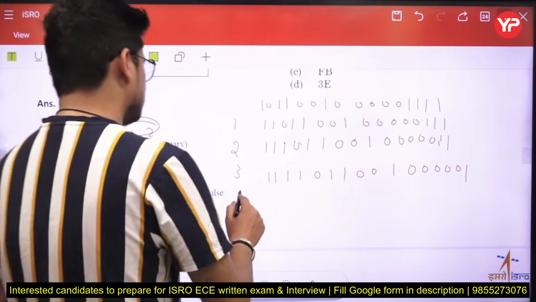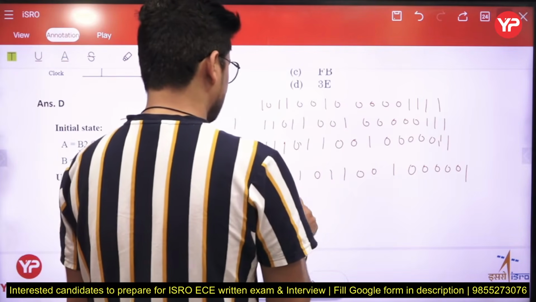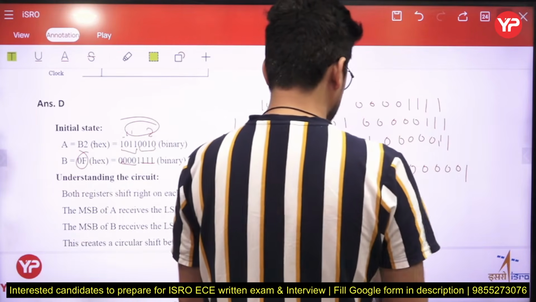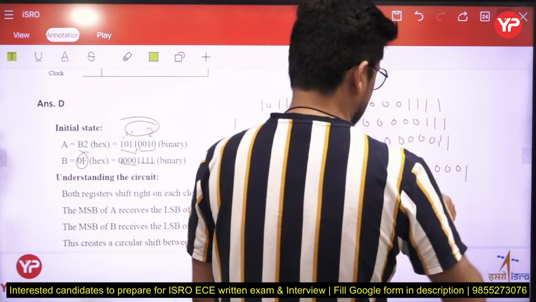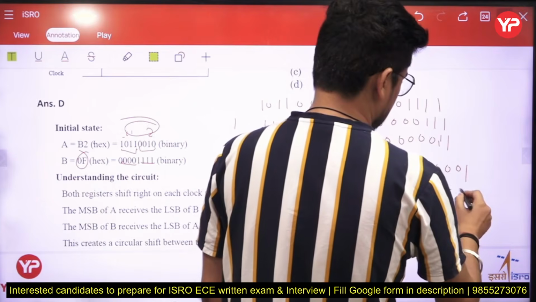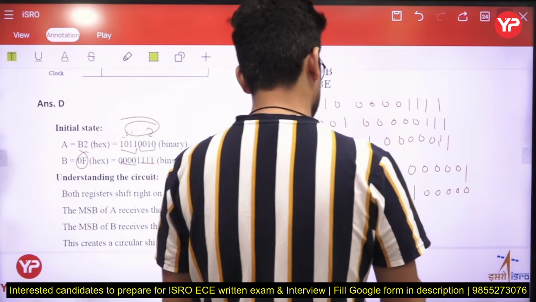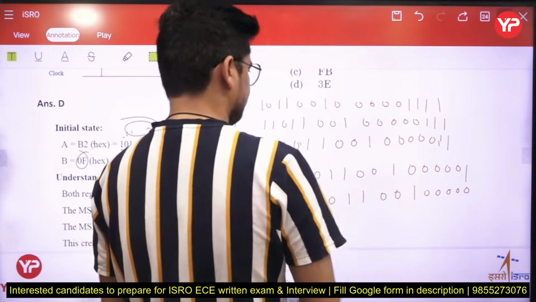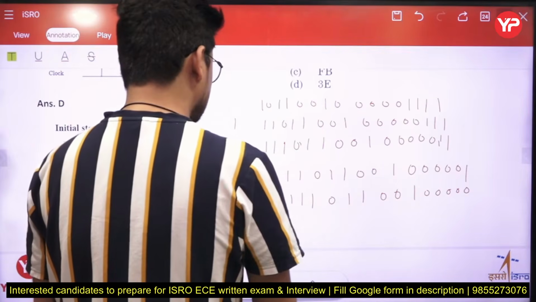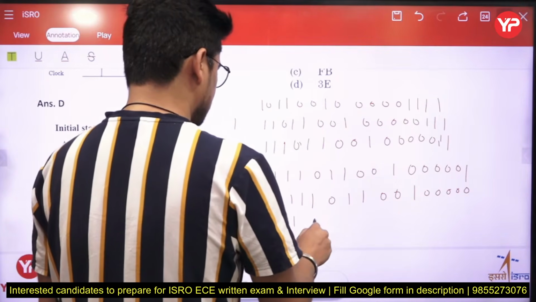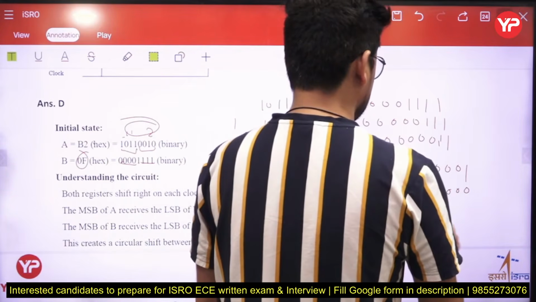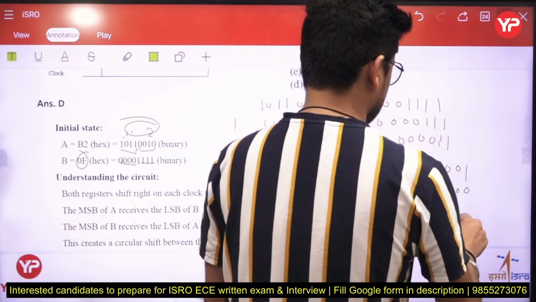For the fourth clock, the last bit comes here: 1 1 1 1 1 0 1 1, then 0 0 1 0 0 0 0 0. After the fifth clock, the last 0 comes into first: 0 1 1 1 1 1 0 1, then 1 0 0 1 0 0 0 0.